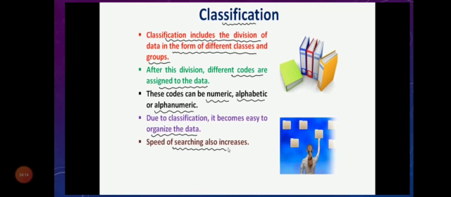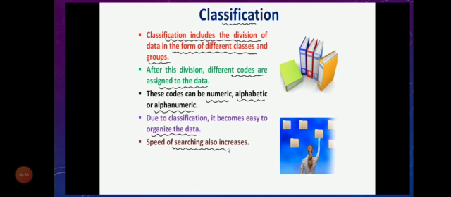Classifying or classification is the first operation on data processing. Classification includes the division of data in the form of different classes and groups. After this division, different codes are assigned to the data.